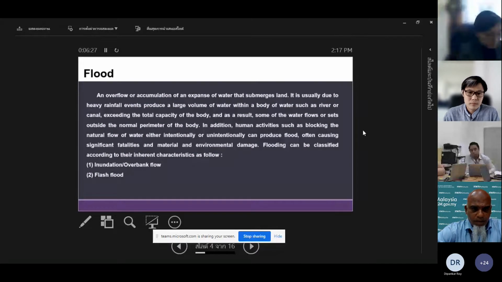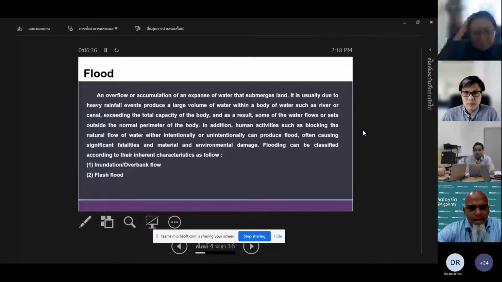The most frequent and severe physical damage disaster in Thailand is flood. The definition is in Section 4 of the Act: an overflow and accumulation of an expanse of water that submerges land, usually due to heavy rainfall.